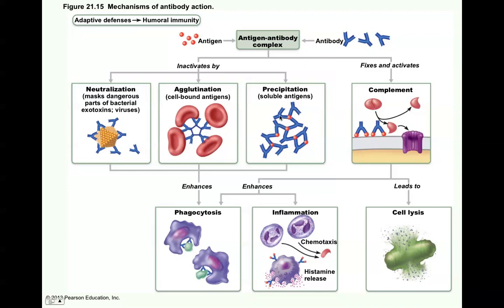It'll actually come out of the solution and basically makes it so that it can't infect the body. This is actually going to lead to enhanced phagocytosis. And so that way the white blood cells will come over and actually just munch away and neutralize, get rid of those antigens. And you can see these phagocytes identifying and destroying this complex.